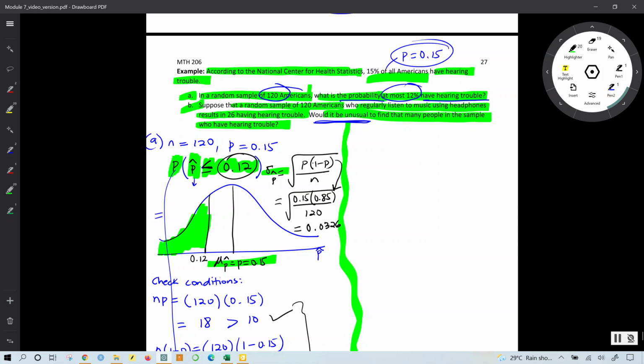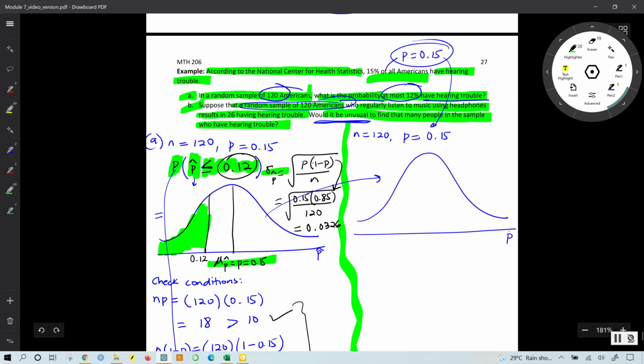So in this case, we still have a random sample of n equals 120 Americans, and the population proportion is still 0.15, and that means that we can still adopt the same sampling distribution for p-hat. The mean of p-hat is 0.15, and the standard error of p-hat is 0.0326.